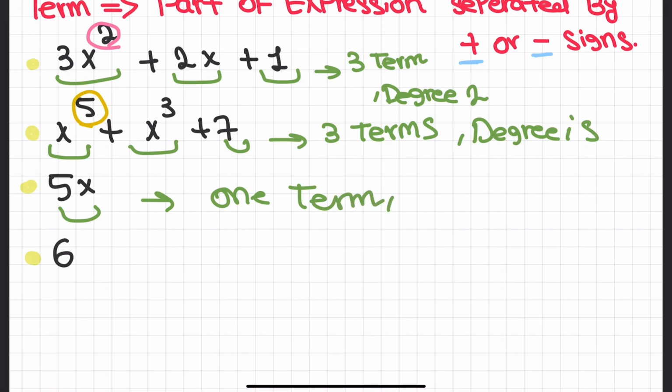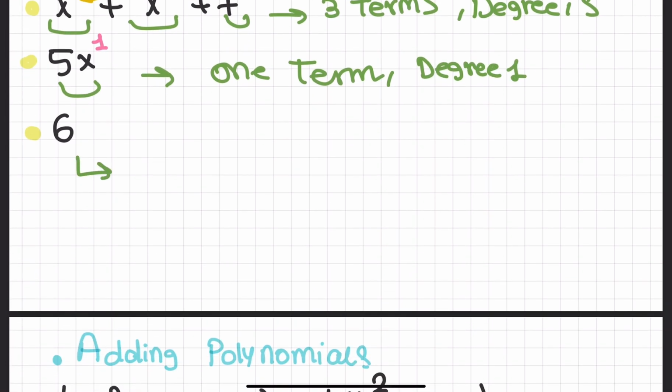The degree is 1 because this is actually x to the power of 1, which we never write. So the degree is 1. And 6 is a constant, and we have no degree.